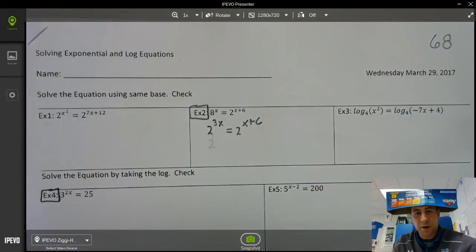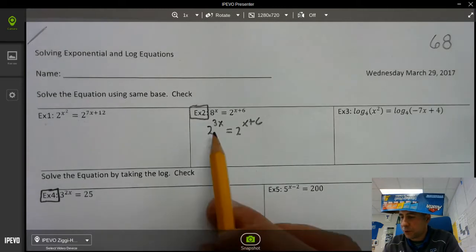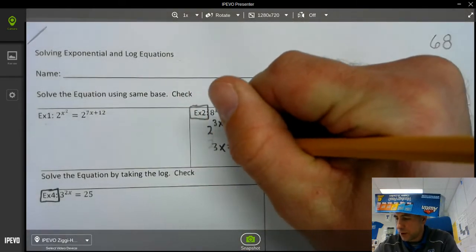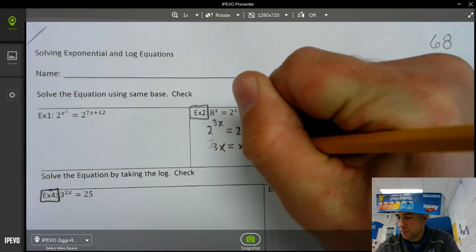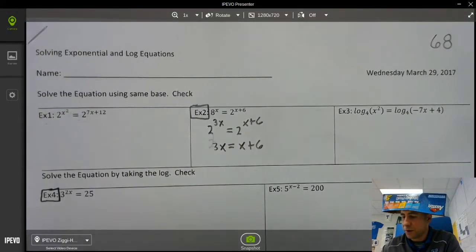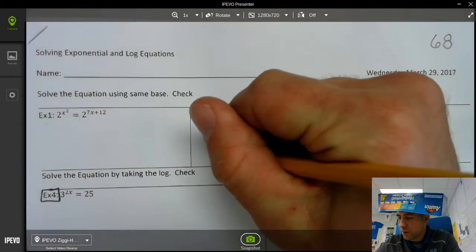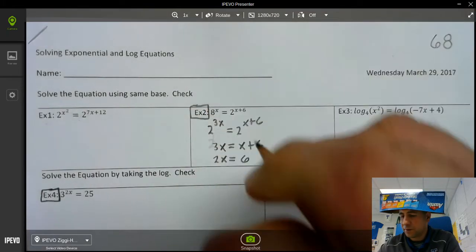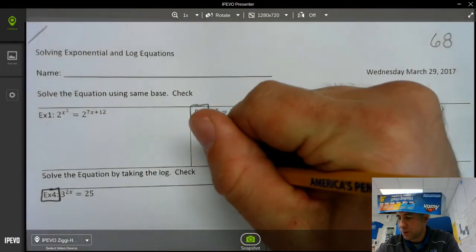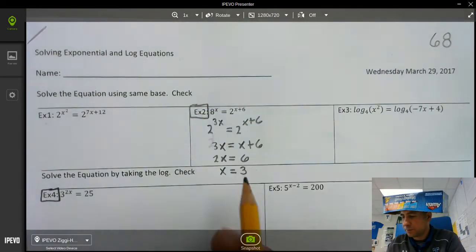Now the bases are the same, so we know the exponents are equal, so we have 3x equals x plus 6. We subtract x from both sides, so we get 2x equals 6. And then we divide both sides by 2, x equals 3.